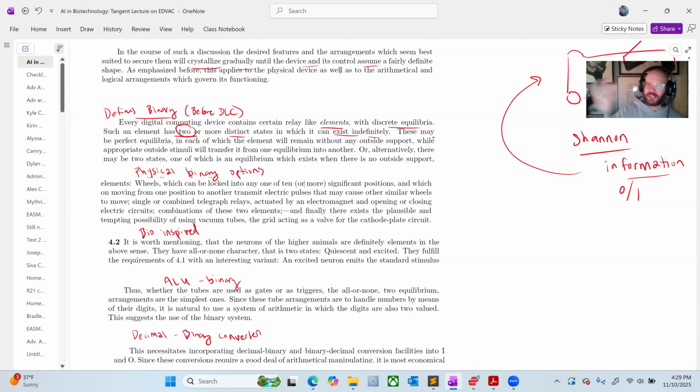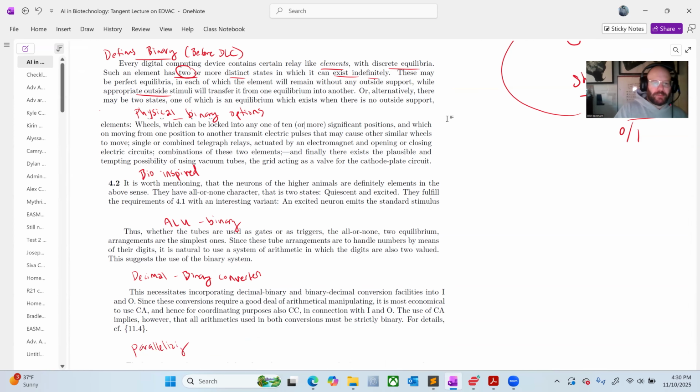So you've got to have some stable element that can switch between this or that and hold the state, okay? That's the concept of digital binary, digital memory. And I need to be able to transfer from a stimulus to tell that node to switch between this or that. So you need these nodes that can switch between this or that, and you need to be able to tell them when to switch.